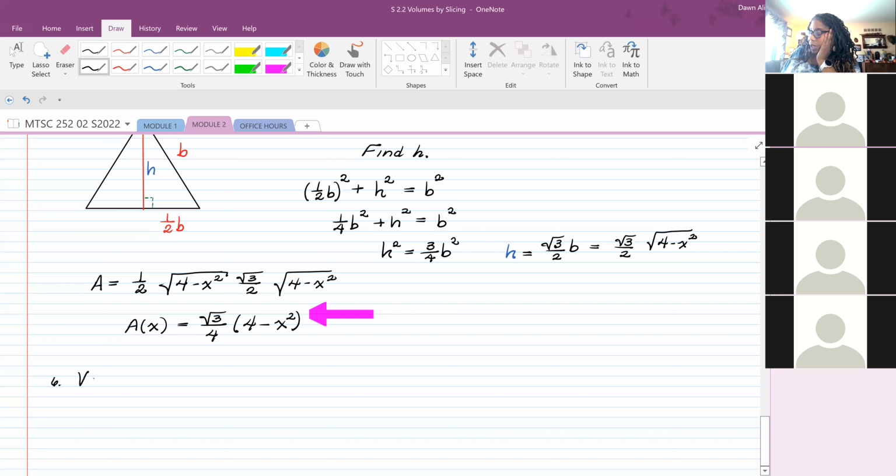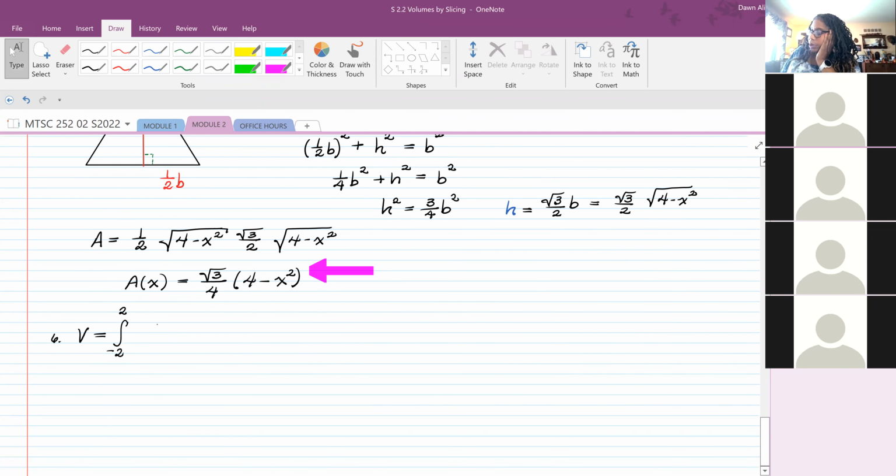So I get the volume is the integral from -2 to 2 of A of H, which is the root of 3/4 times 4 minus x squared dx.